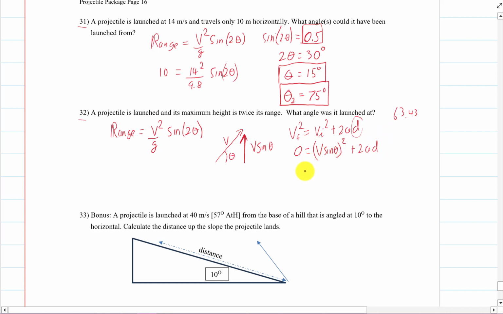Okay, so the height that it goes is going to be v squared sine squared theta all over 2g. So that is how high it goes.